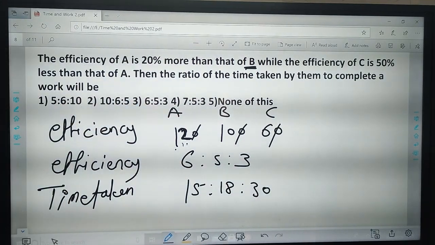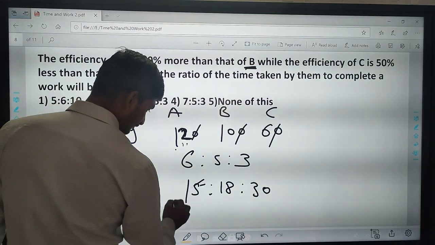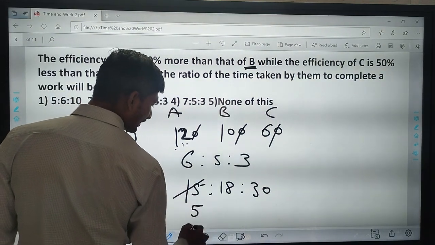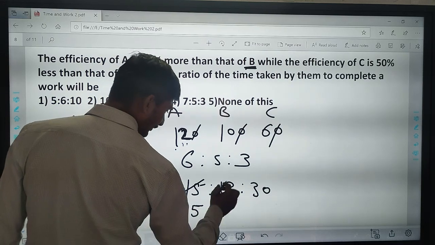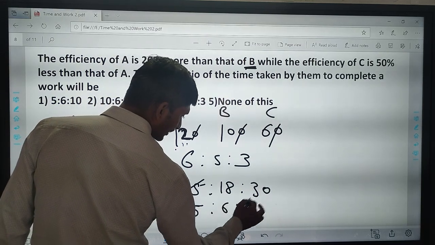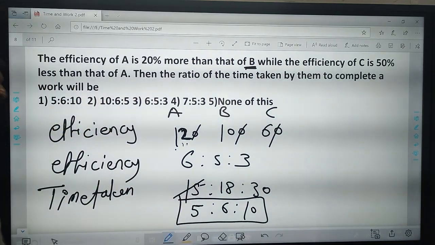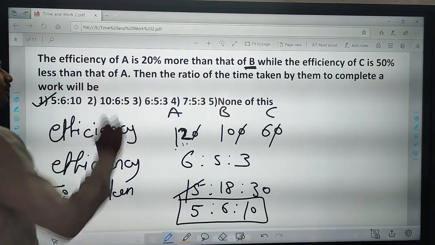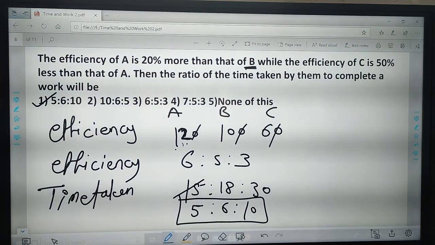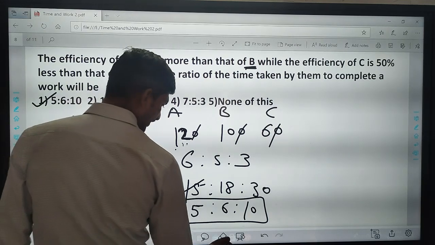Divided by 3, we get 5, 5, 6 and 10. Then the ratio of time taken of A, B and C is 5 to 6 to 10.